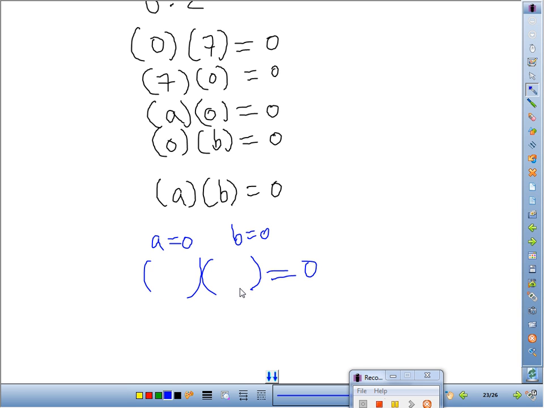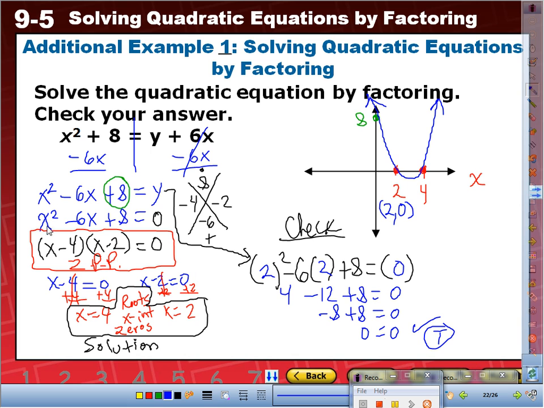What if here I had an A, that's why I wrote A equal to 0, B equal to 0. But instead of A, let's say I write x minus 2. What would I write? x minus 2 equal to 0. This one was x minus 4, so then I write x minus 4 equal to 0, because either one could be 0. That's why we do this step, the zero product property. Okay?